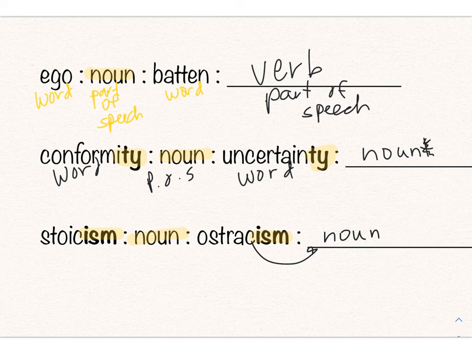That seems pretty simple, but what we're really focusing on is the suffix. Stoicism is to noun as ostracism is to noun, and they also share the same suffix. After you watch this video, you're going to practice some of the analogies. There'll be a worksheet attached, and that's something that I want you to hand in. So good luck.